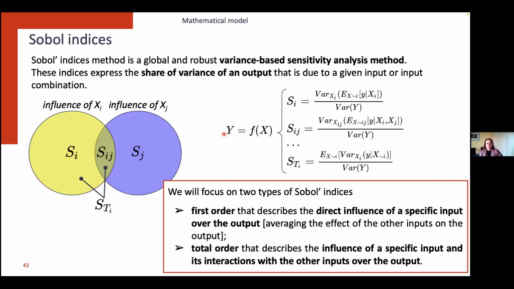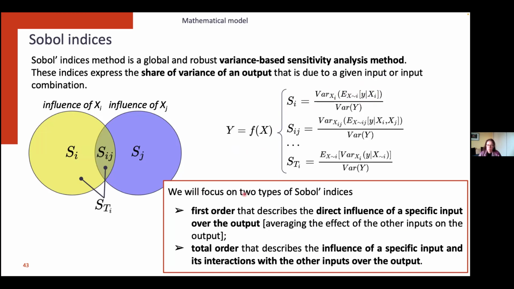The Sobol indices method is a global sensitivity analysis, and it's based on the variance of the output given certain inputs, here parameters. We will look at two things.